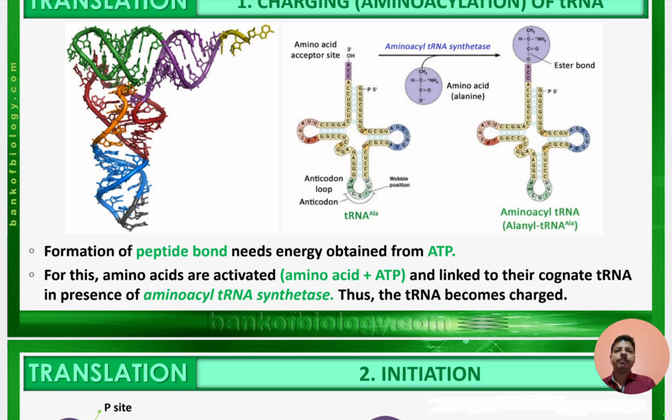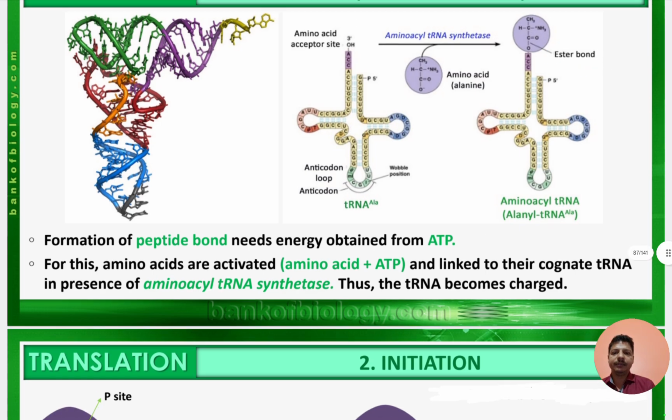Here you can see the amino acid acceptor site, and the anticodon loop, the anticodon. In aminoacyl tRNA synthesis, ATP is added and an aminoacyl tRNA ester bond is formed, and it is called the tRNA is charged.